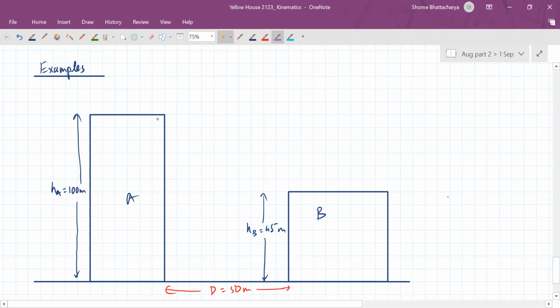Now, what we are doing is projecting a particle horizontally from here at t equal to 0.